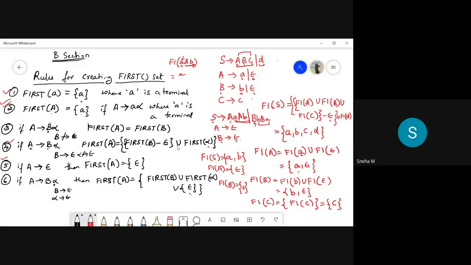If I had a capital A here instead of small a first, then I have to take the first set of A. And if A is deriving epsilon, put epsilon and take the first set of the next symbol. It continues recursively if epsilon productions are there.